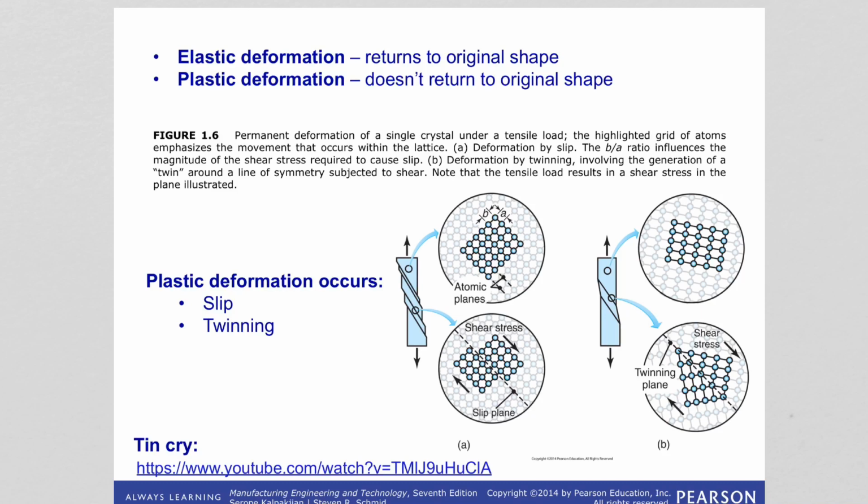But if you apply sufficient force and pass that elastic deformation region, basically the material undergoes a permanent deformation, or what we also call plastic deformation. At this point, even if you remove the force, now the material cannot go back to its original shape.